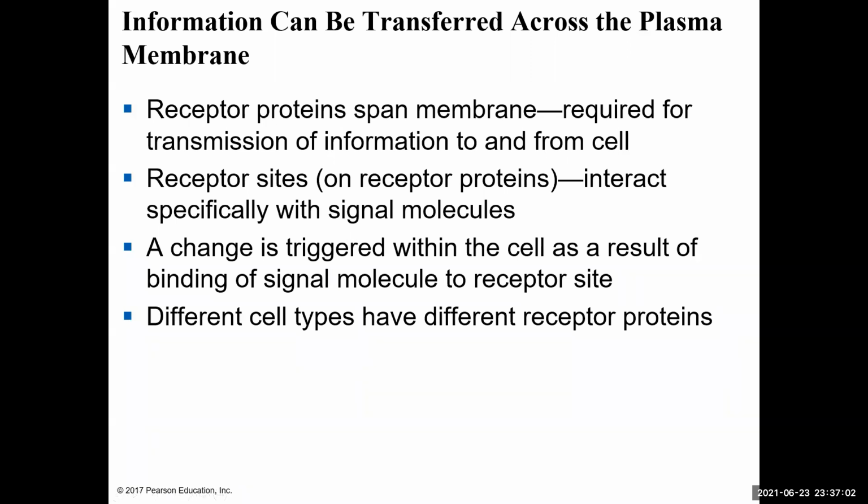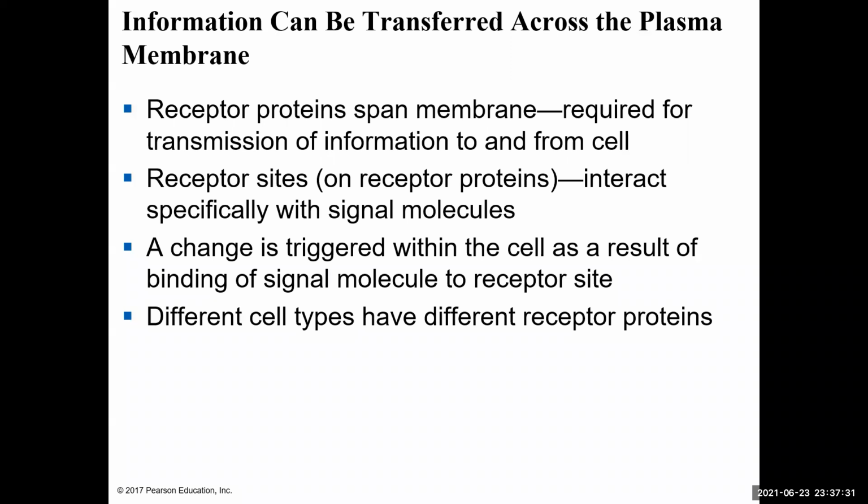So not only can substances and materials pass through the plasma membrane, the plasma membrane can also serve as a mechanism for information and communication to happen between cells. And so there are not only transport proteins in the plasma membrane, but there's also receptor proteins.